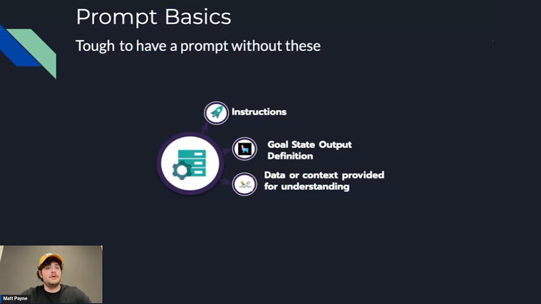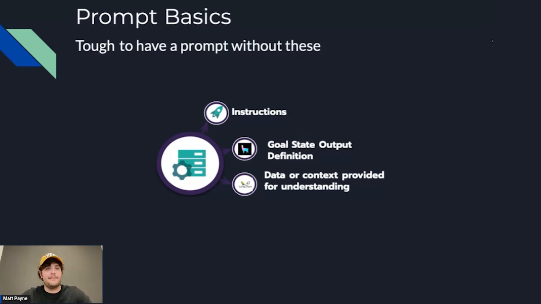Goal state output definition, a little bit different. This focuses on trying to get the model to fully understand what is correct for your specific use case. The model has some sort of idea through its fine-tuning and training of what it believes is a correct way to do the task based on the instructions you've provided. But of course, you or a customer or a user has a very different idea of that.